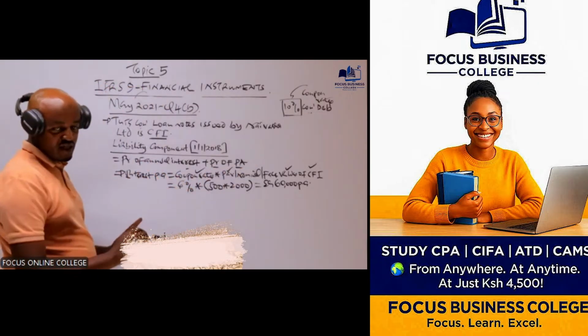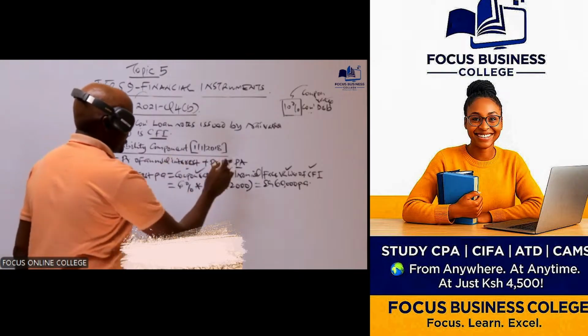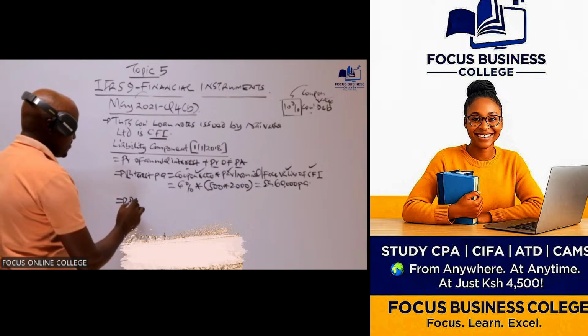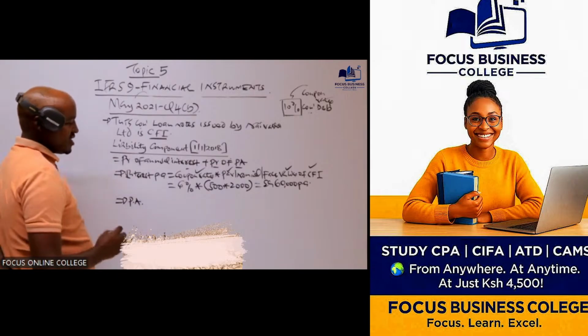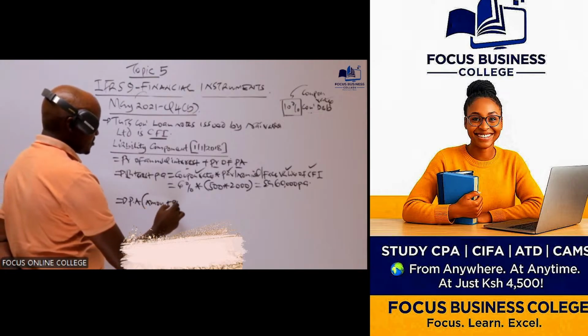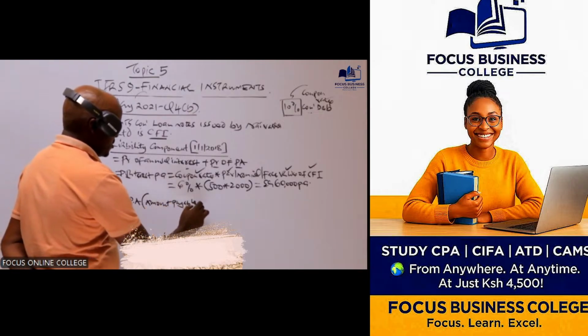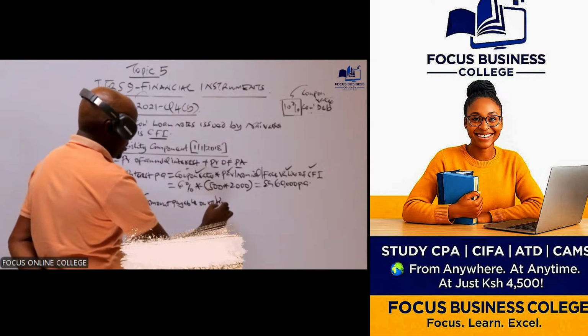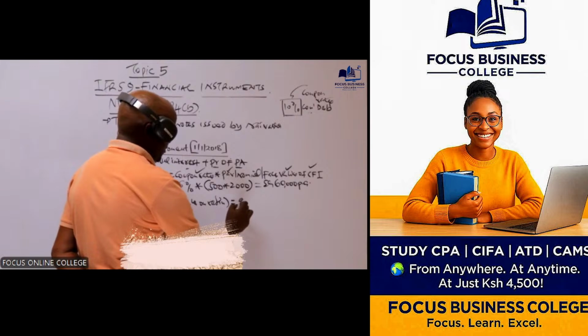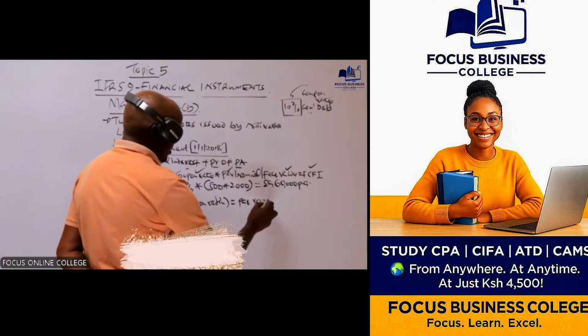So that we then proceed and discount those two items and add them. So what is the principal amount? Remember, the principal amount is the amount payable on redemption. The amount to be paid on redemption is always equal to the par value.